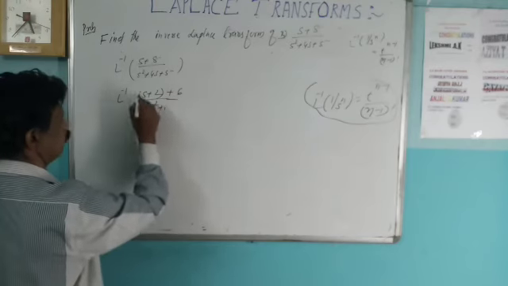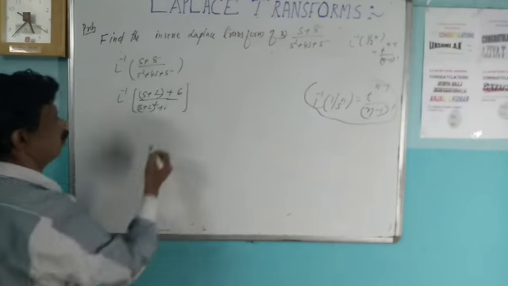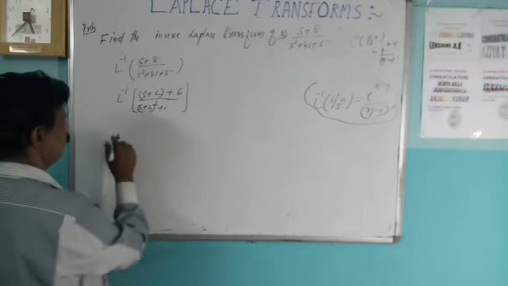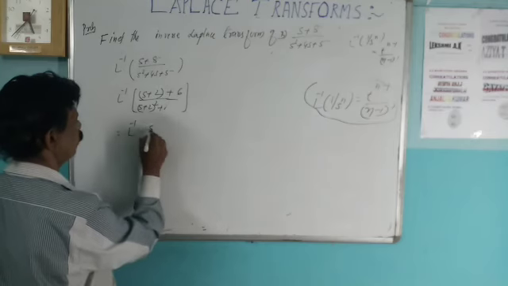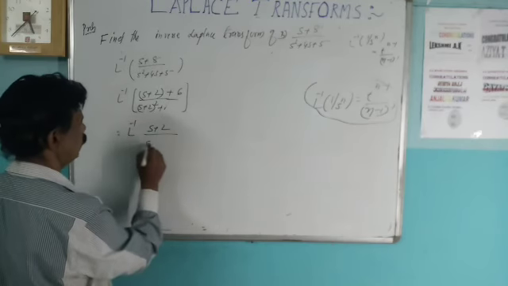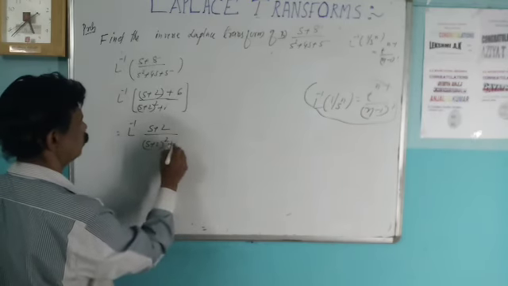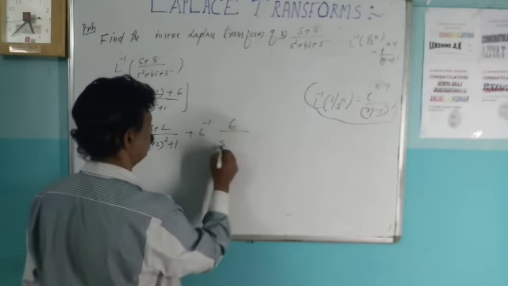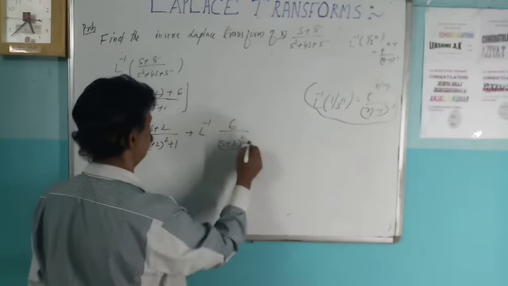That is, s plus 8 equals s plus 2 plus 6, divided by (s plus 2) whole square plus 1. Then we can split this term: Laplace inverse of (s plus 2) by (s plus 2) whole square plus 1, plus Laplace inverse of 6 divided by (s plus 2) whole square plus 1.